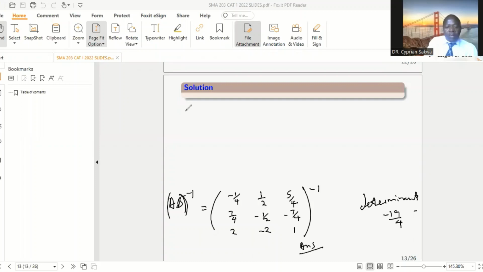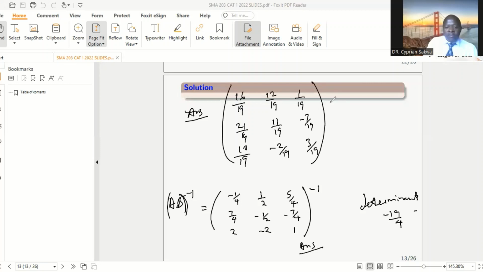And so I was getting my inverse, which is my final answer, as 16 out of 19, 12 out of 19, 1 out of 19, 21 out of 19, 11 out of 19, negative 7 out of 19, 10 out of 19, negative 2 out of 19, and 3 out of 19.